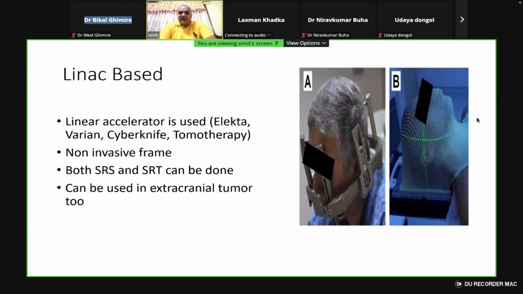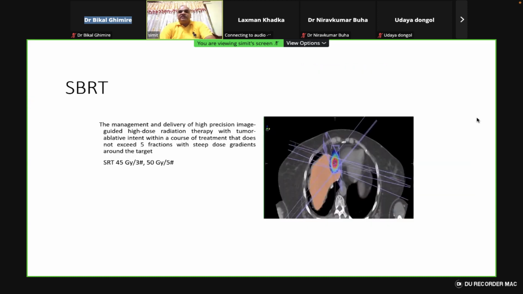It can be used for extracranial tumors too, which is called stereotactic body radiotherapy. In stereotactic body radiotherapy, instead of a brain lesion, we give radiation to a body lesion. We commonly use it in lung lesions and hepatocellular carcinoma, especially with portal vein thrombosis. Here, 45 gray is given in 3 fractions or 50 gray in 5 fractions.